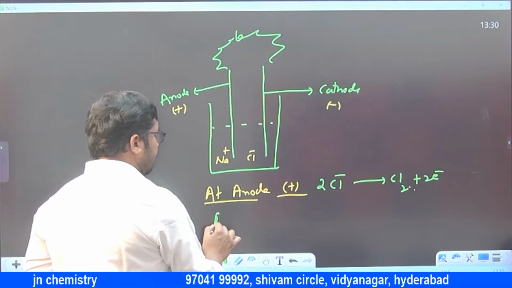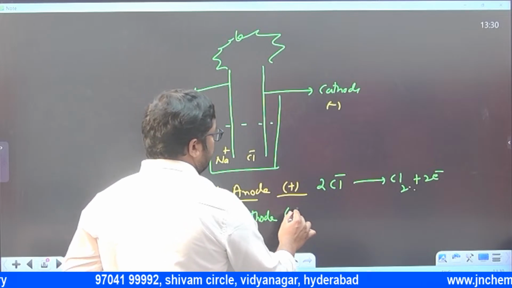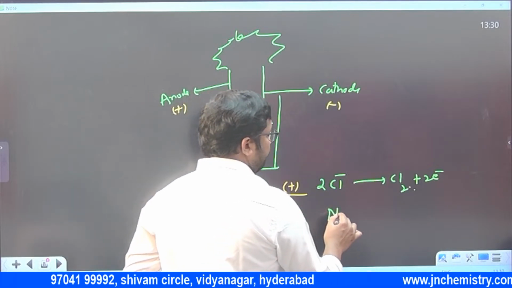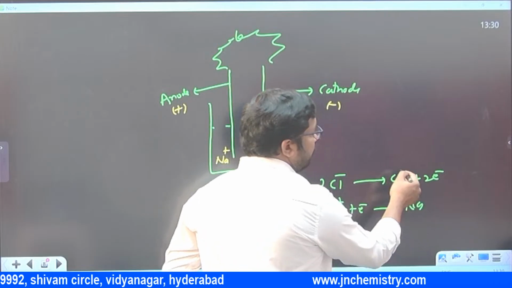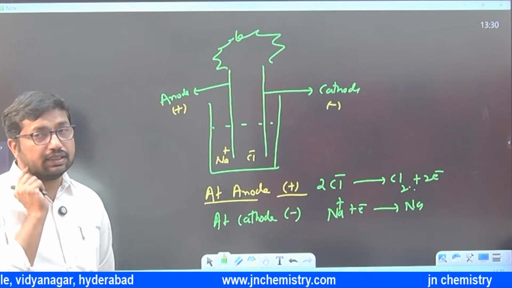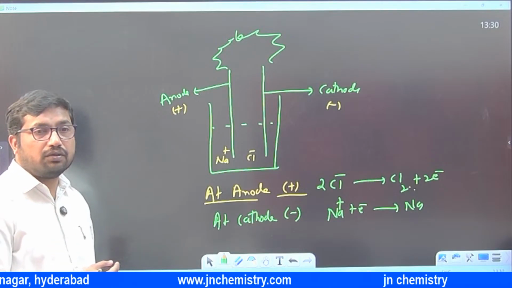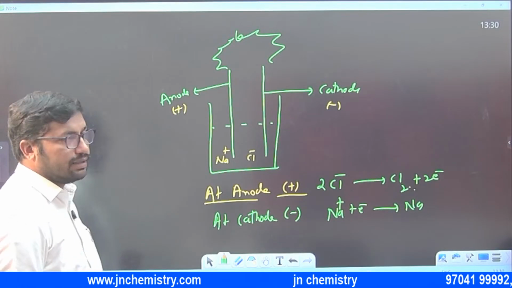Whereas at cathode, negative charge, Na+ plus electron gives rise to Na. That means chlorine gas and sodium metal are deposited, at the anode and cathode respectively. This is nothing but the electrolytic cell.